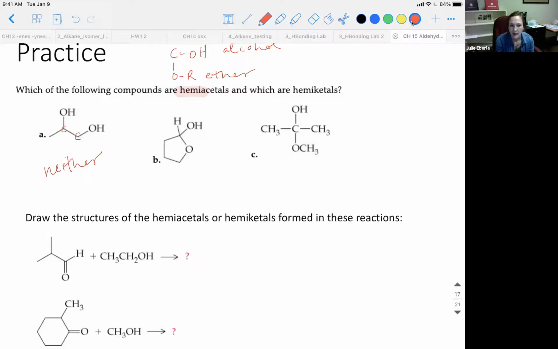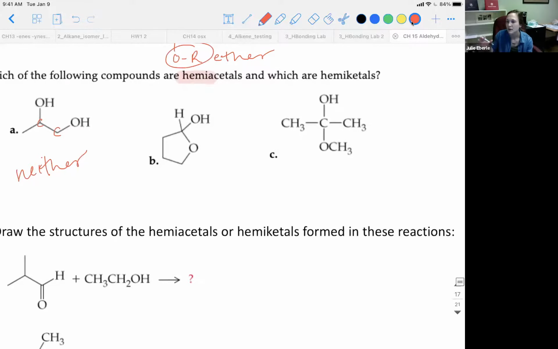Neither of these carbons is bonded to an OR group, meaning an oxygen and then another carbon on the other side of the oxygen. All we have is an alcohol functional group. So this one's neither. But what about B? I want you to zoom in. To figure this out, you've got to find the carbon that is bonded to both an alcohol group and an ether group. Can anybody identify a particular carbon here that has an alcohol and an ether group branched off of it?